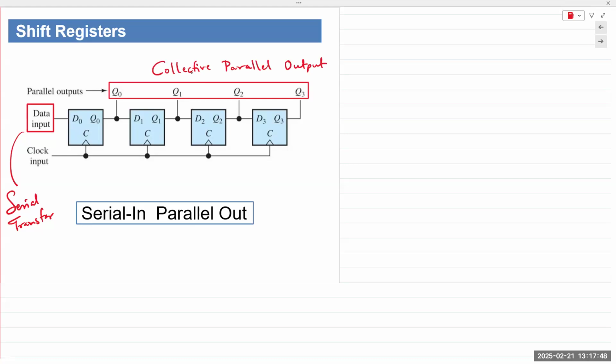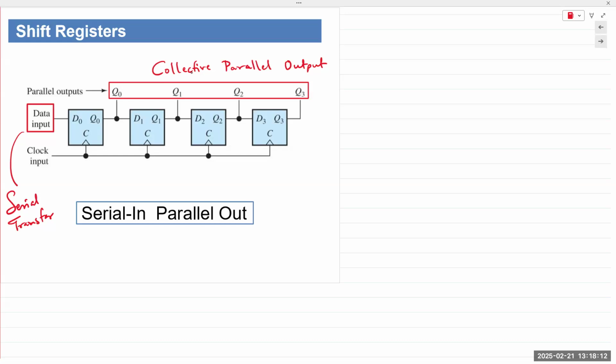The reason it's known as a shift register is evident from the connection. This is an array of D flip-flops, 4 D flip-flops, flip-flop 0 to flip-flop 3. The output of the first flip-flop, FF0, is fed as input to the next, which is FF1.